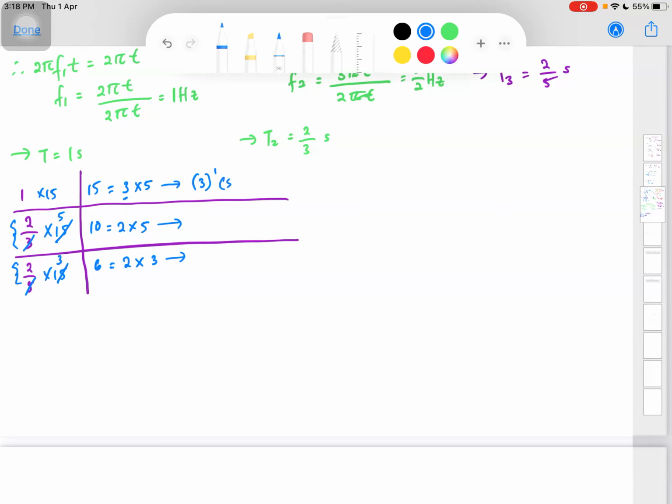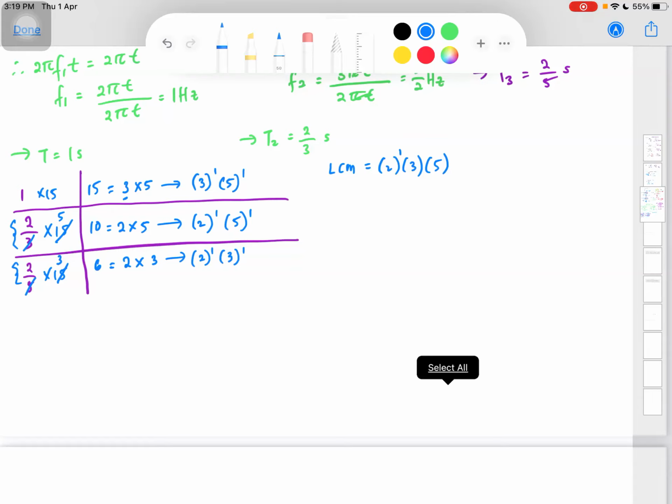Similarly 5 to the power of 1. Okay, 2 also to the power of 1. 5 to the power of 1. For the third number we have 2 that appears only 1 time, and 3 that appears only 1 time. So the LCM for these 3 numbers will be, we have number 2, number 3, and number 5. Okay, and in all cases, the frequency is only 1 time.